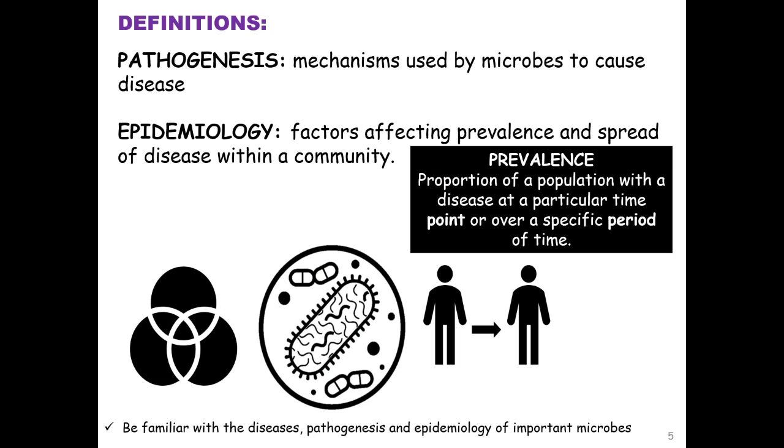This term prevalence, because I will point out particular groups, this group has a higher prevalence of this disease. Prevalence is just a proportion of a population. I could be talking about Texas, the United States, or worldwide at a particular time point over a specific period. I could say this has a higher prevalence in the spring, or this is a winter disease kind of thing.